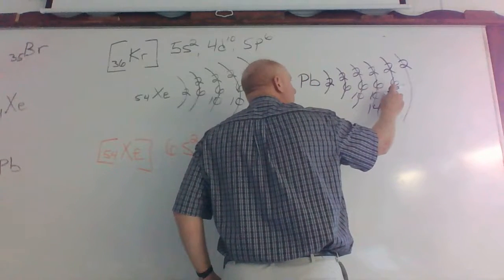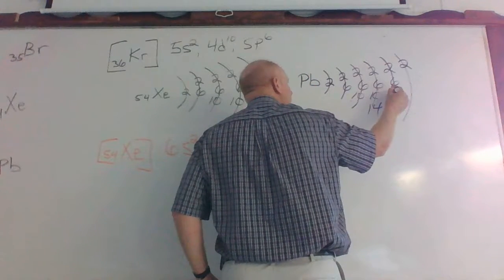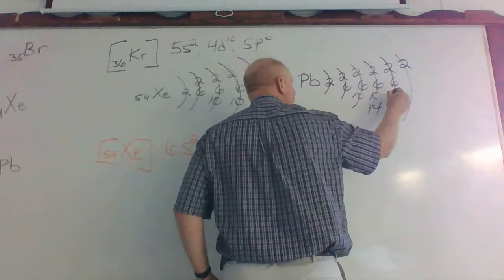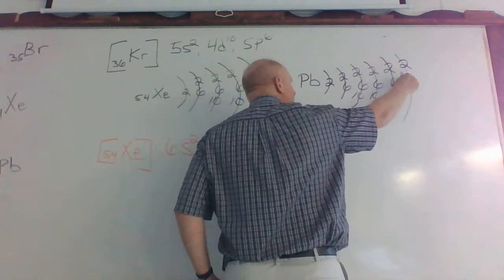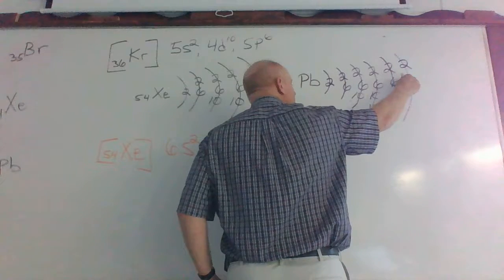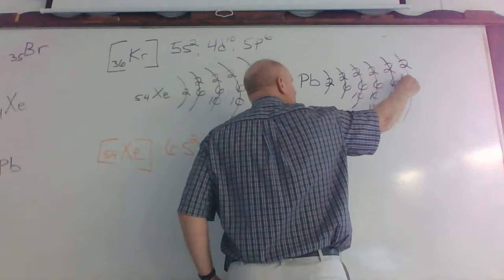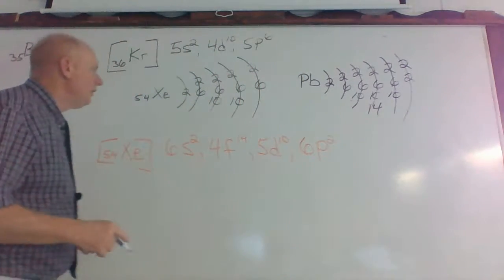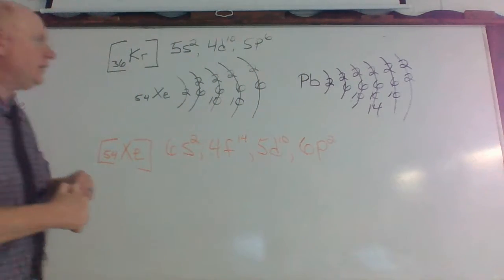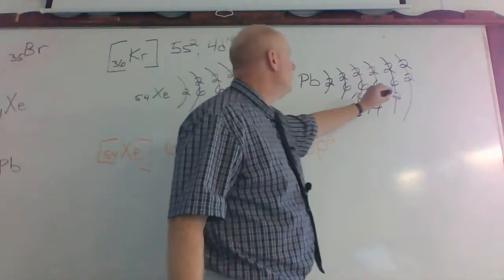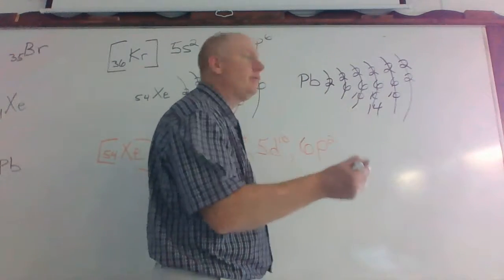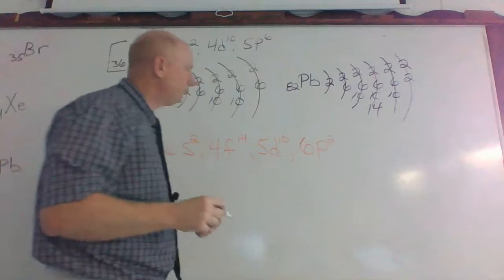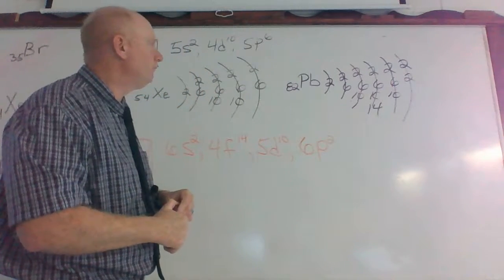Okay, so now we need what here? 5D, 10. Okay. And then finally, what? 6P. Yeah. There you go. And then again, if you add all these numbers together, you should come up with 82.